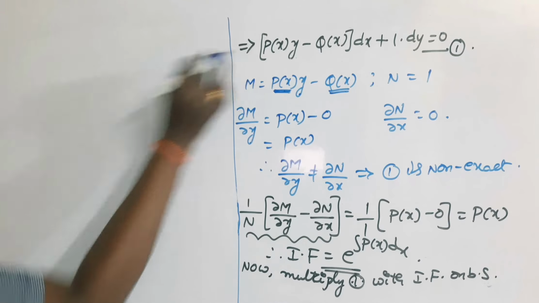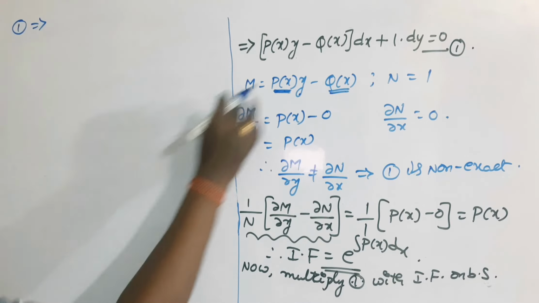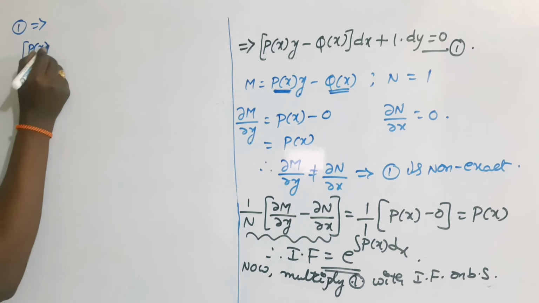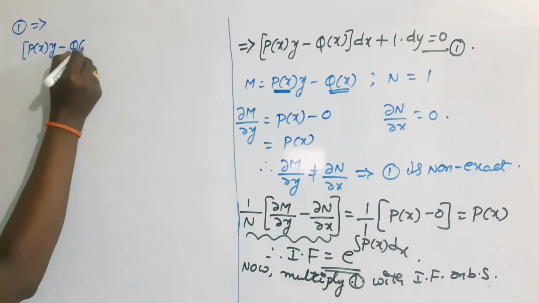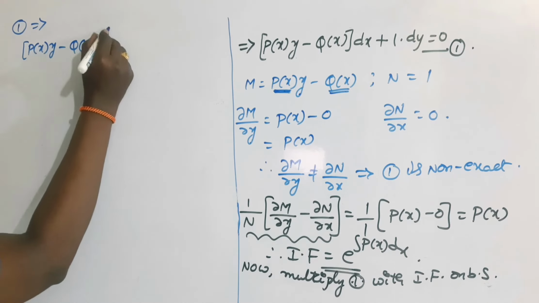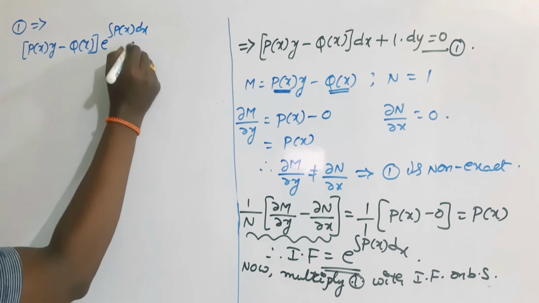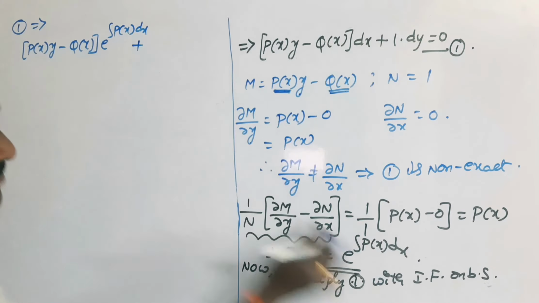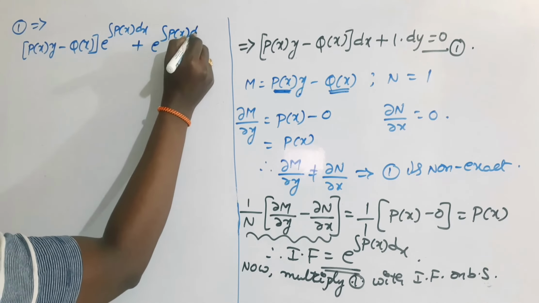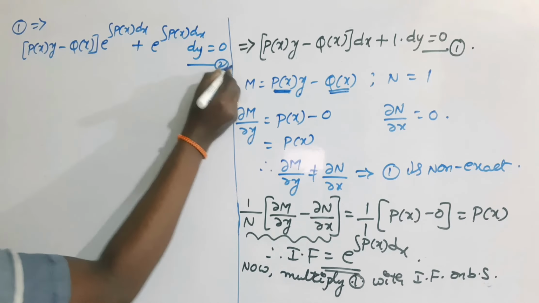So this equation 1 becomes (p of x into y minus q of x) whole into e power integral p of x dx, plus 1 into this integrating factor, it would be e power integral p of x dx into dy is equal to 0. Take it as equation number 2.